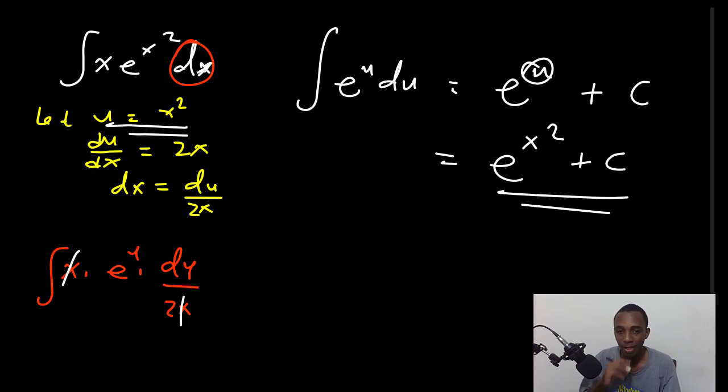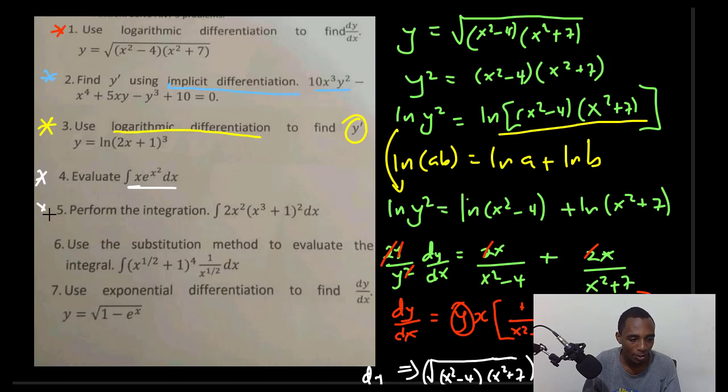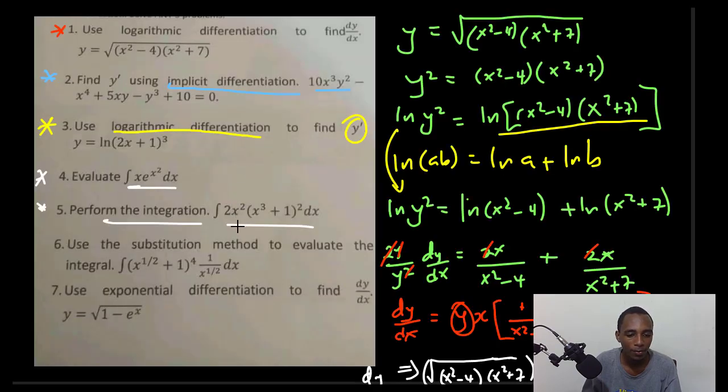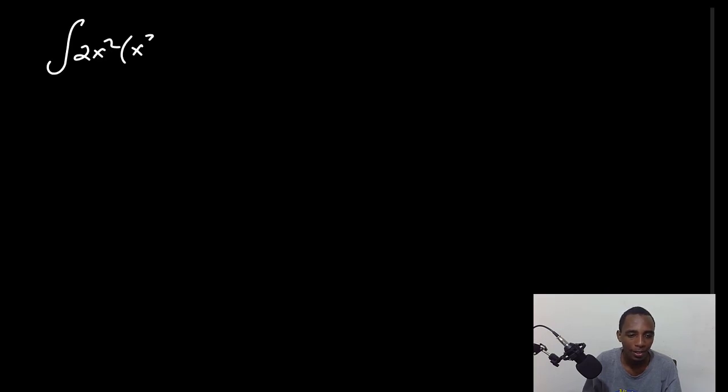Right? Next problem. So I erase this and just go back to the previous page. Perform the integration. So we have the integral of 2x squared times x cubed plus 1 squared dx.